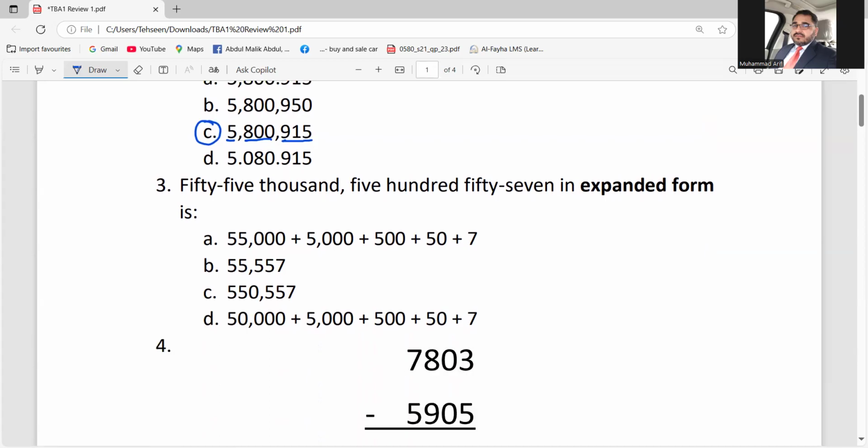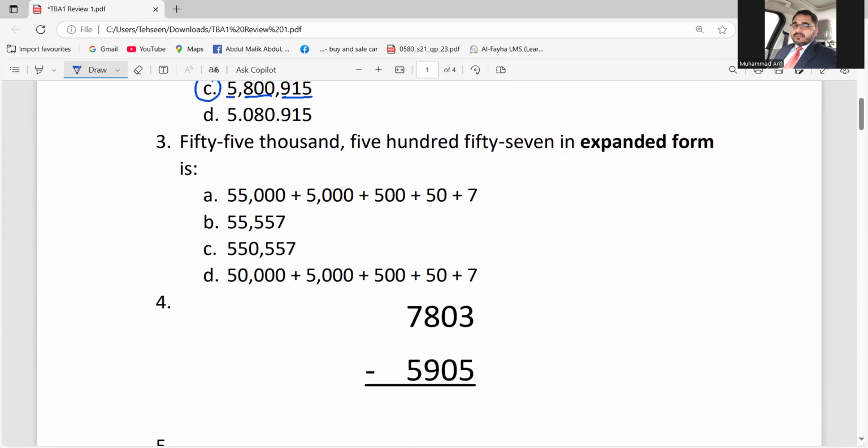Then question number 3 is 55,557 in expanded form. In expanded form, we need to write 1 separate, then 10 separate, plus 100, plus 1,000, plus 10,000, plus 100,000, like this.